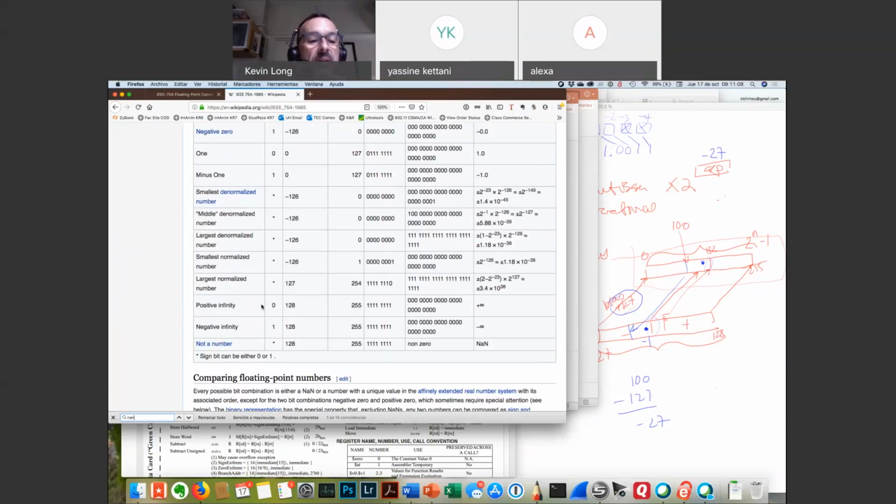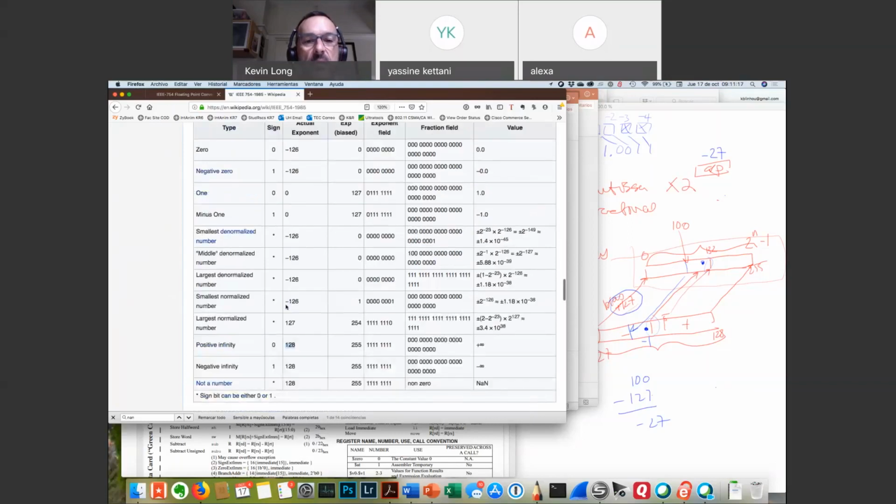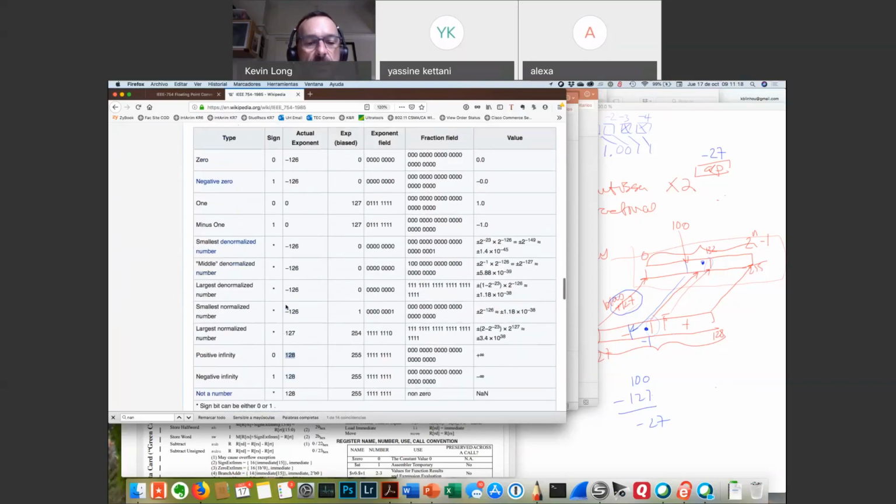So for example, if somebody gives me a sign bit of 0, and they give me 128 as the exponent, and for the fraction field, they give me all zeros, what is that supposed to represent? It's basically 1 times 2 to the biggest number I can get.